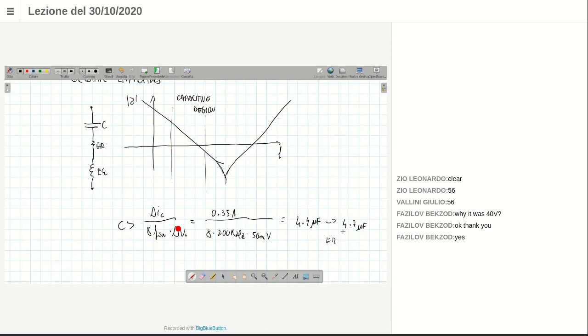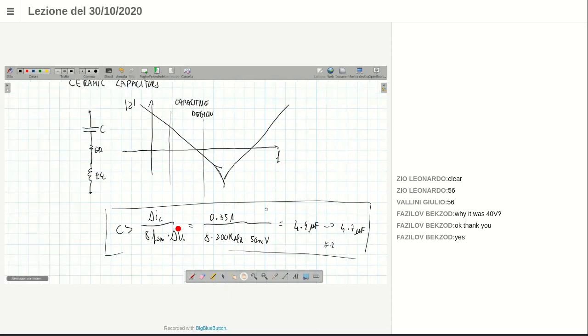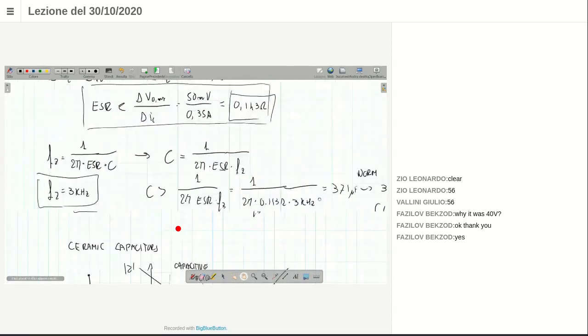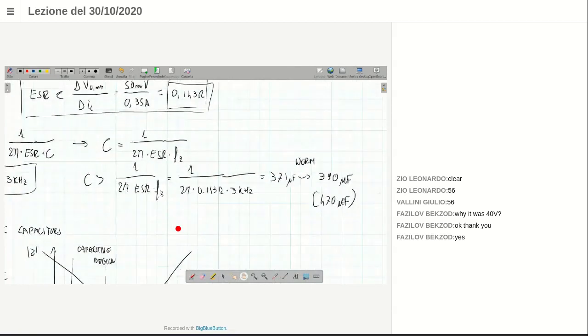The remarkable thing is that the value of the capacitance that we require in case we use a ceramic capacitor or an electrolytic capacitor is completely different.